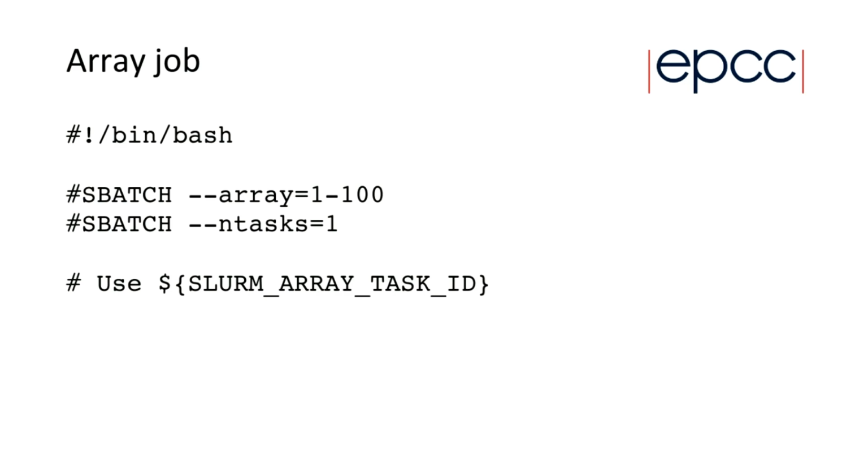So here's an example of an array job. You specify the number of elements in your array via this --array, so 1 to 100 here. So 1 being the first and 100 being the last.